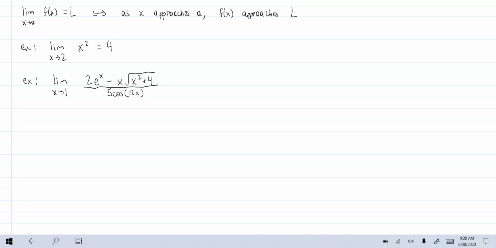All right, so let's say we want to find what this limit will equal.